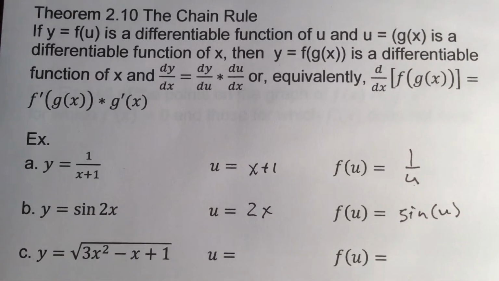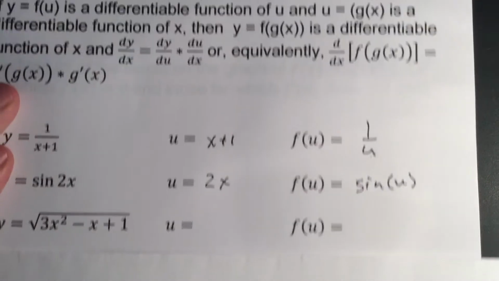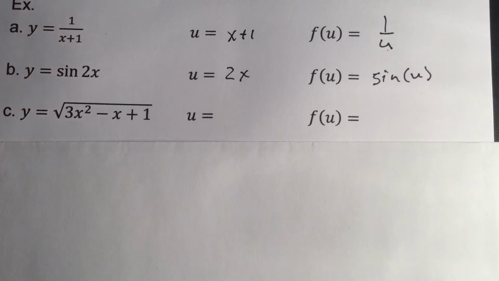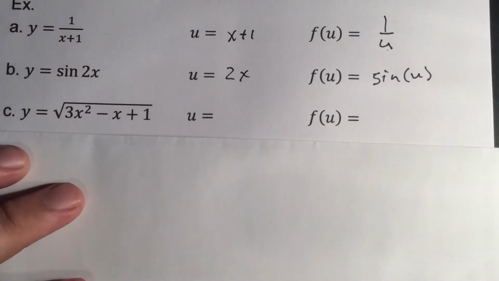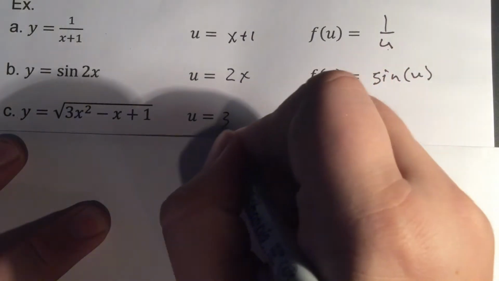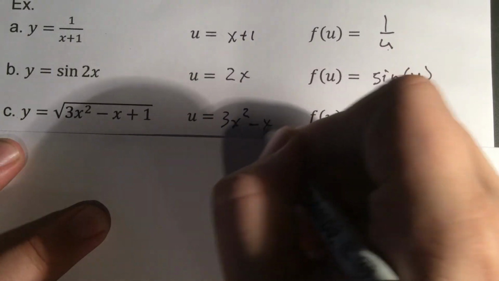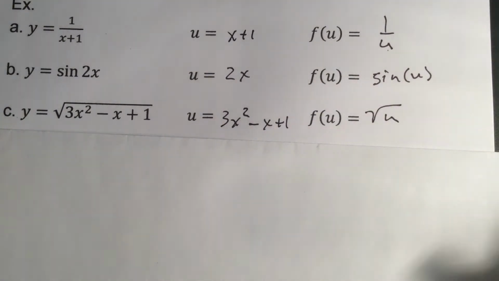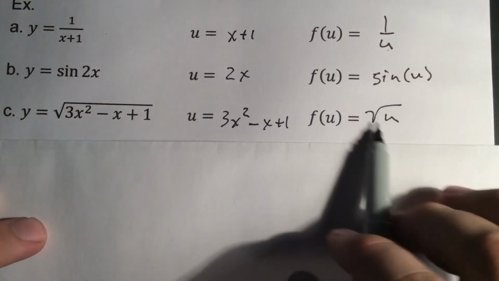So what I'm doing here is breaking it up, trying to help you see what's the inside function and what's really the outside function. In this one, outside is the square root part. So the inside is this whole thing of 3x squared minus x plus 1. So the square root of u is one function.